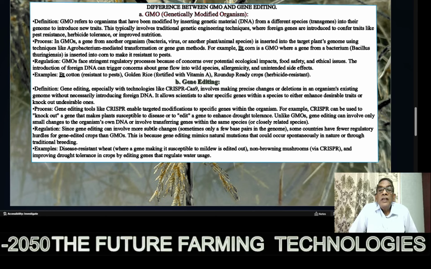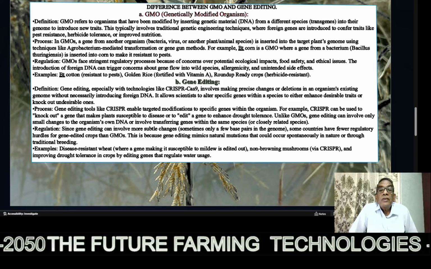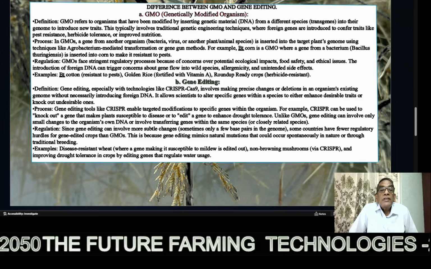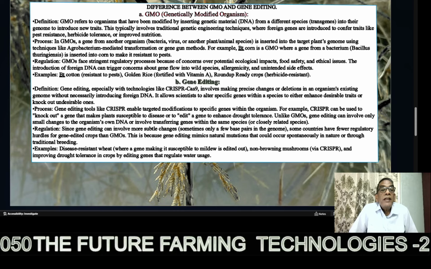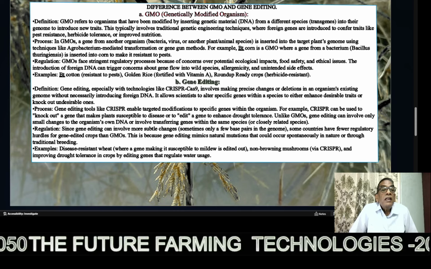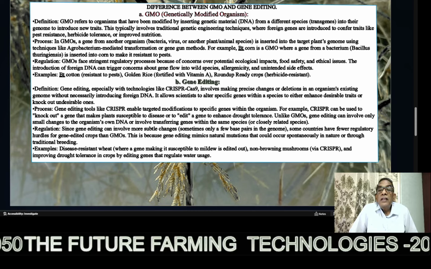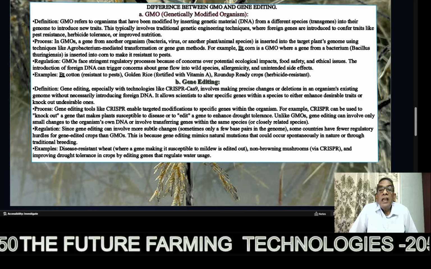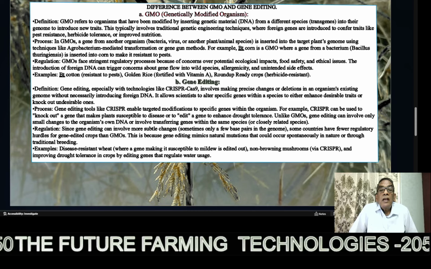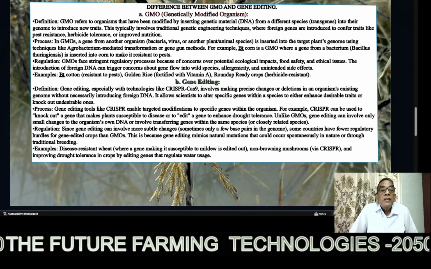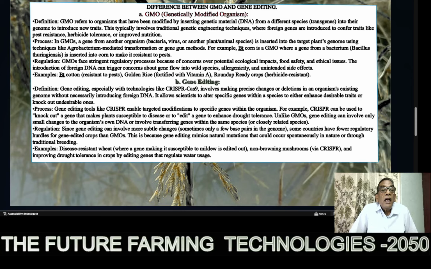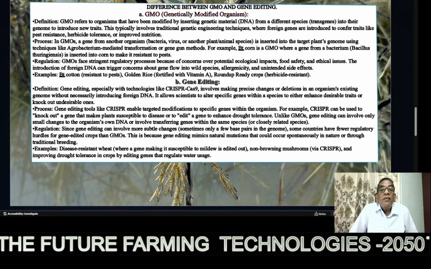GMOs face a stringent regulatory process because of concerns over potential ecological impacts, food safety, and ethical issues. The introduction of foreign DNA can trigger concern about gene flow into wild species, allergies, and unintended side effects.